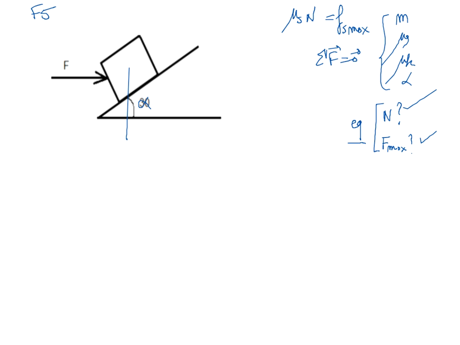Let's complete a free body diagram. We can sketch it here. We have the weight, we have the force F, we have the normal force, and we have Fs again. We're going to be facing the same situation. The only possible direction of motion is along the inclined plane. It could be up or it could be down. F can be redrawn here.